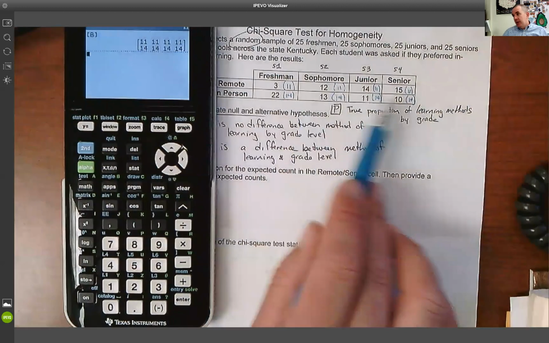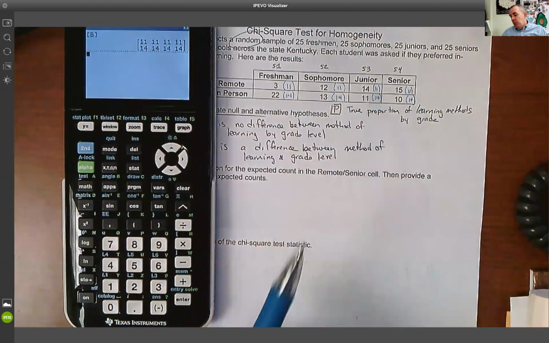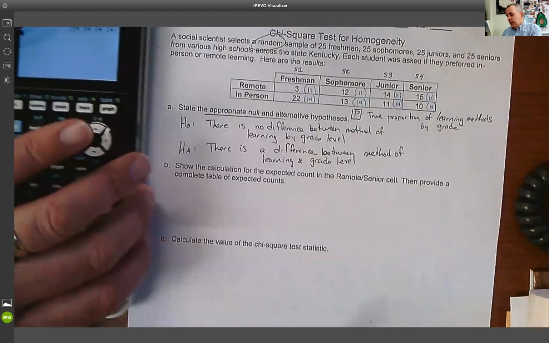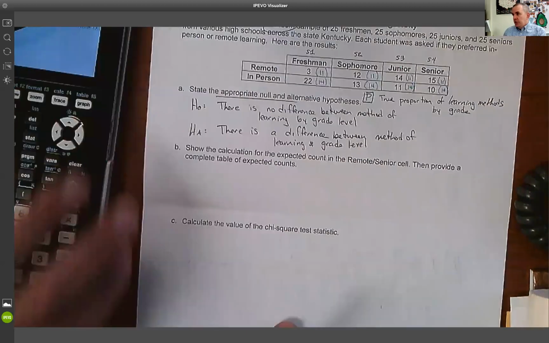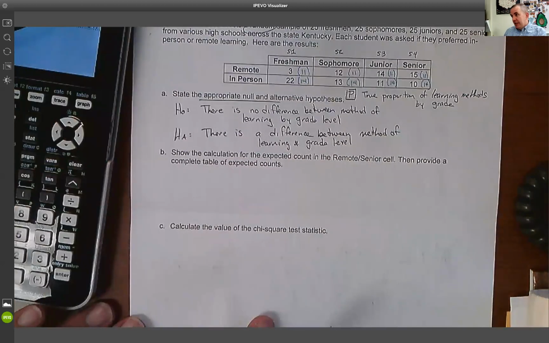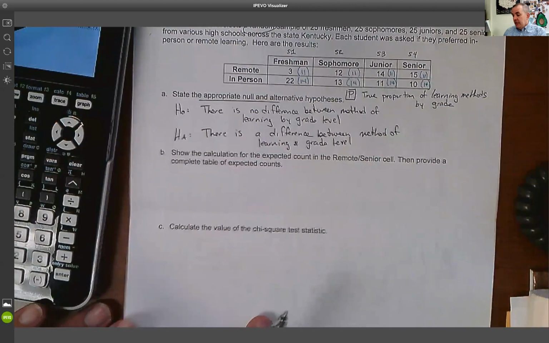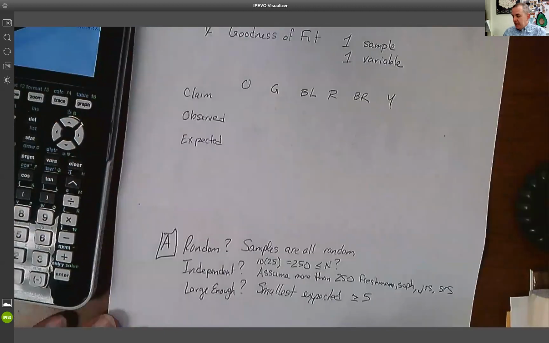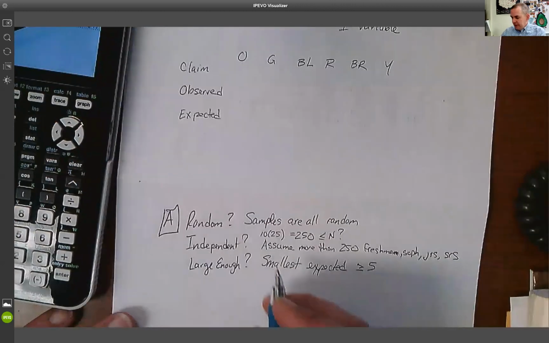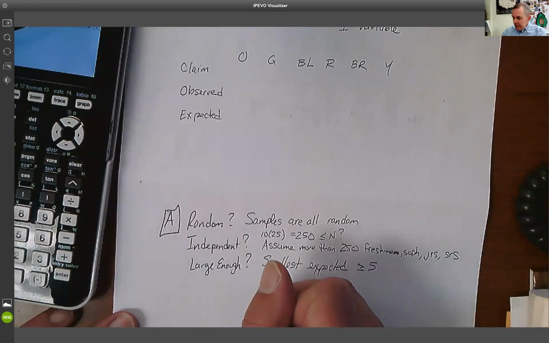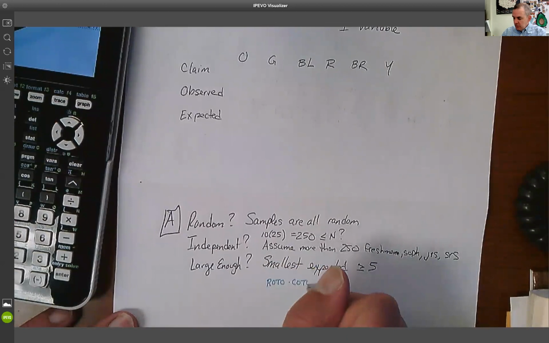And what I would do is write them up here. And this is the only time you want to show your calculation of how you got an expected. The way that I do that is the following formula: row total times column total over total.